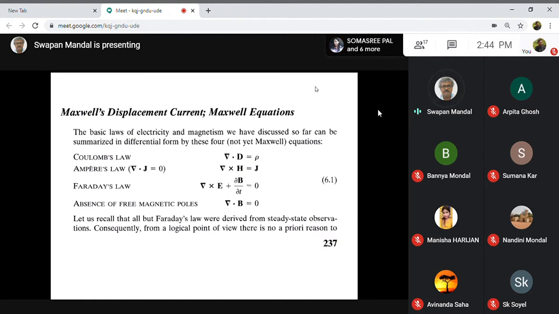Unfortunately, curl of H equal to J means divergence of J equal to 0, and this equation has some drawback. What is the drawback? You know that this is very basic knowledge from current, that charge in motion gives rise to the current.